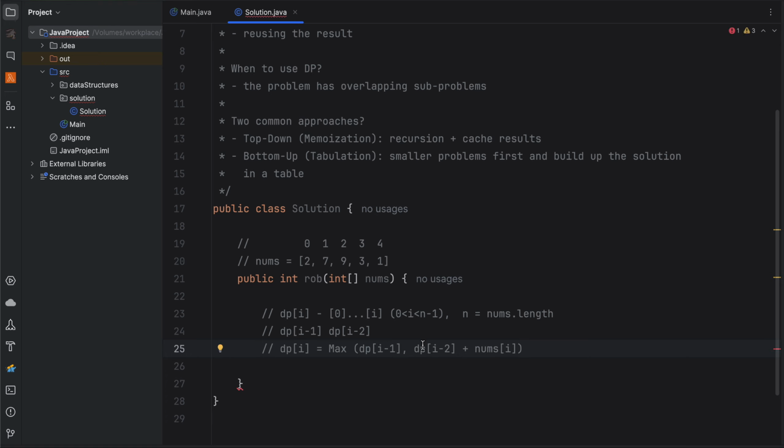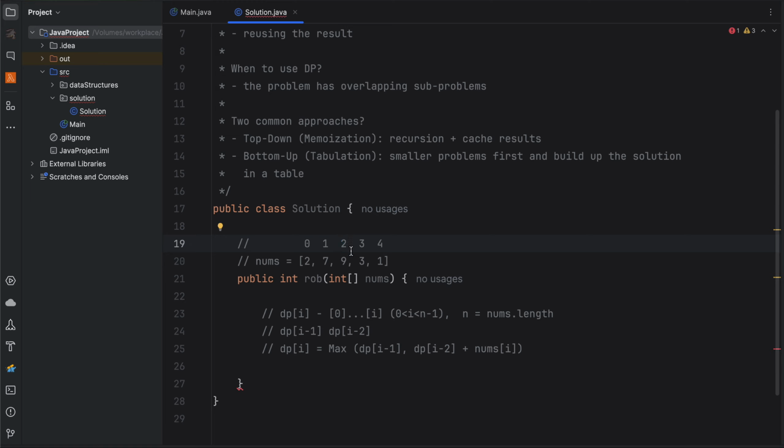Why is this the case? Well, because if we take the value of dp of I minus 1, given that these are non-negative numbers, given that I minus 1 is adjacent to I, we can't rob the house I if we take the value that ends here.